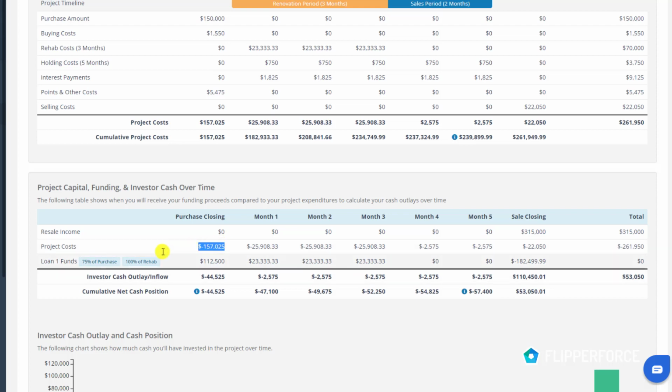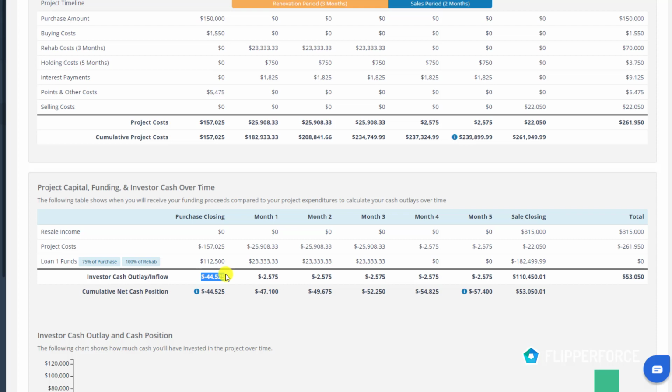Remember, based upon our loan amount, our lender was only going to be giving us 75% of the purchase amount, totaling $112,500. So at closing, we're going to need to pay that remaining balance of the $44,000 with our own cash out of pocket.